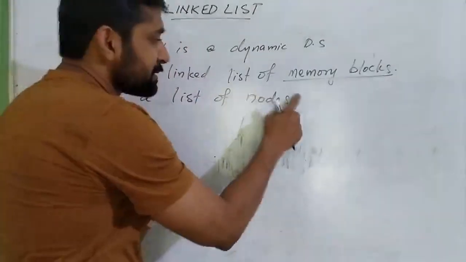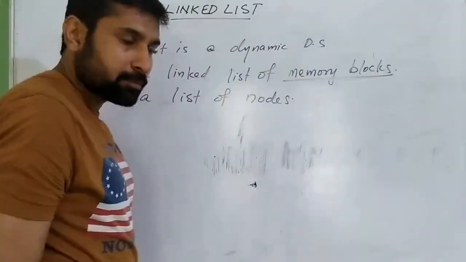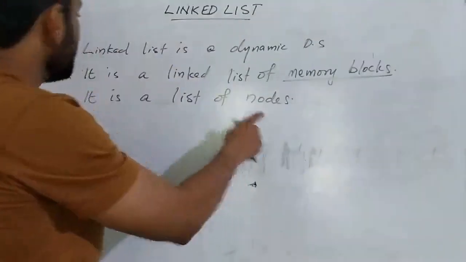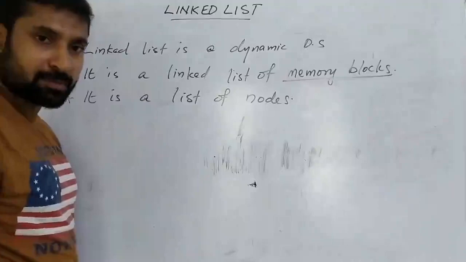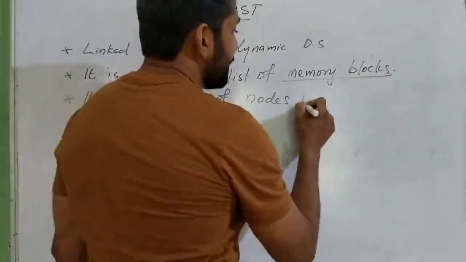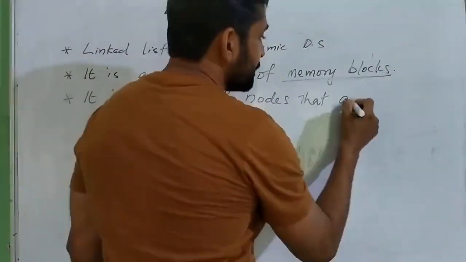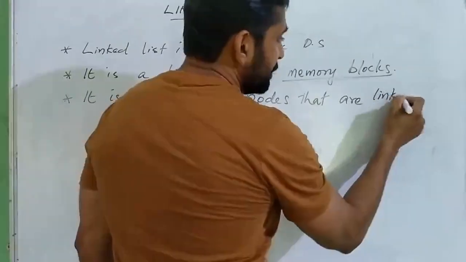We name them nodes. So linked list is a list of nodes that are linked.